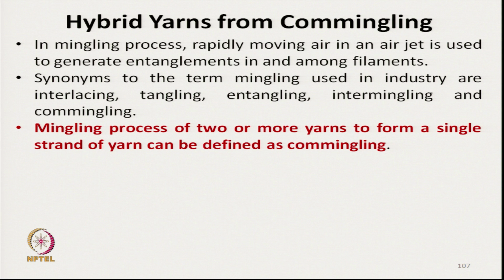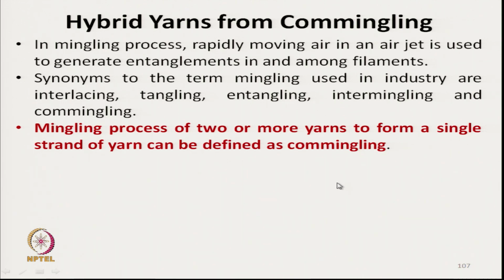Commingling is another process of thermoplastic composite hybrid yarn. Here, a rapidly moving air jet is used to entangle the reinforcement filament and the matrix filament. Mingling process of two or more yarns to form a single strand of yarn can be defined as commingling.